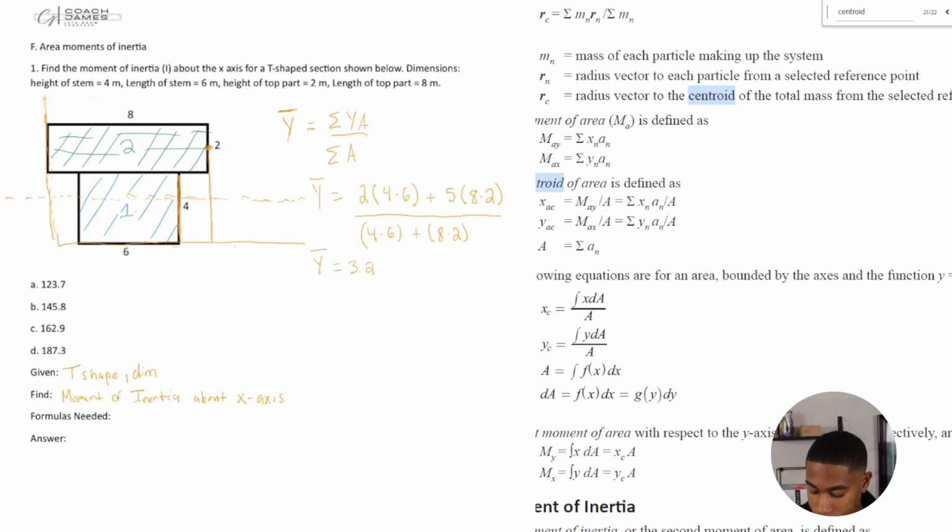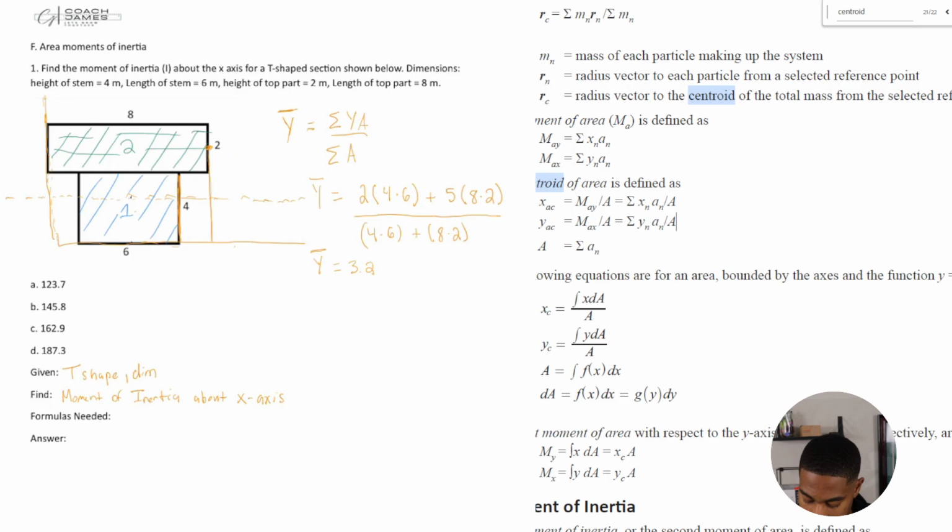All right, so what does that mean? That means the centroid of this piece, the y coordinate of our centroid of this entire piece, is at 3.2 meters from our reference axis. So that means that we're coming up and we're not going all the way up to 4, right?